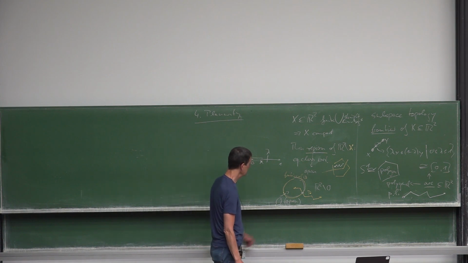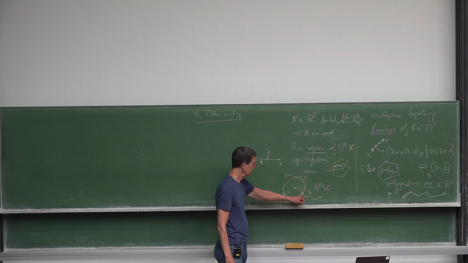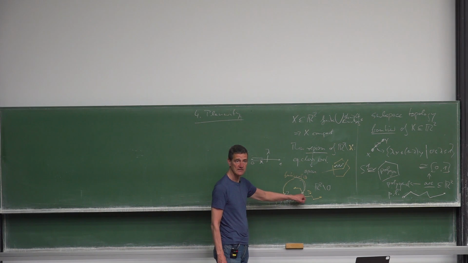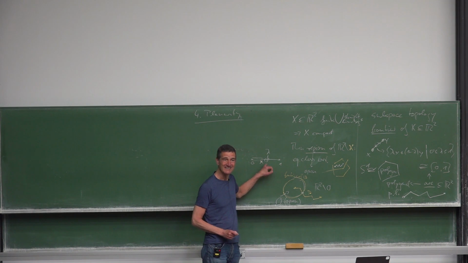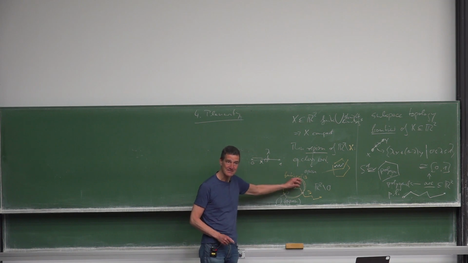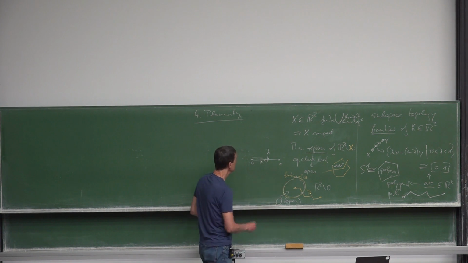Well, we have to show that every open neighborhood of this point hits x and the complement of x. So let's use continuity and go back to an open neighborhood of this lambda that maps into this open neighborhood there, which exists by continuity.